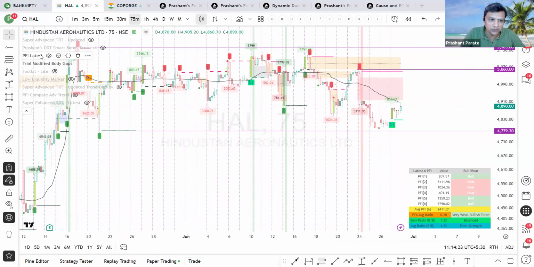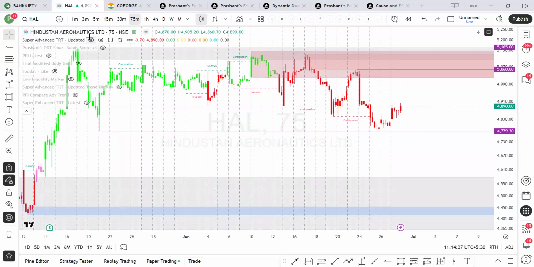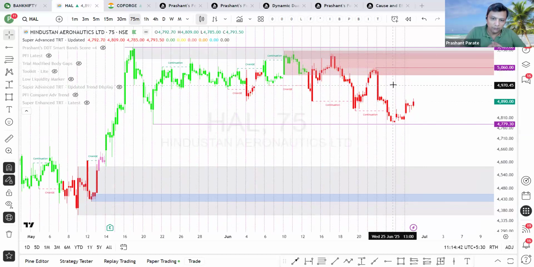Market conditions may change also. If you see this, this is the second time red, there is sideways price action, and if it respects this, then it will have a bigger fall. That is possible. Next time it may go into momentum and it may go from here also. But there is no surety of anything.